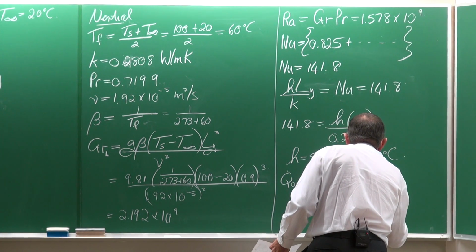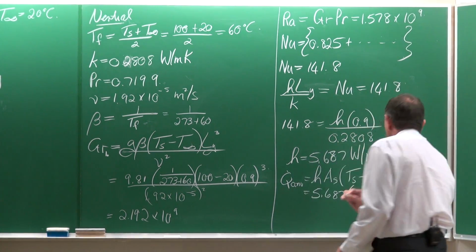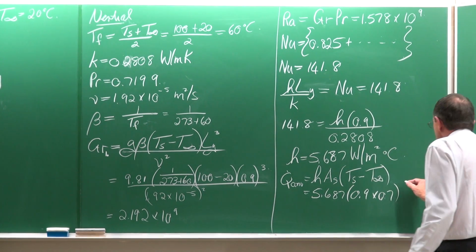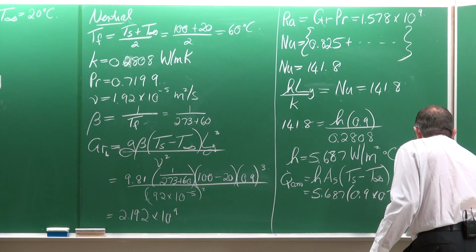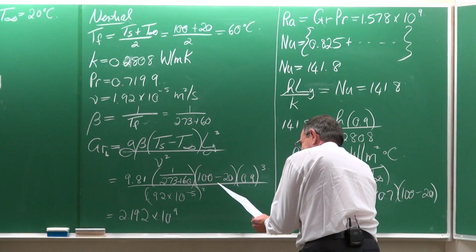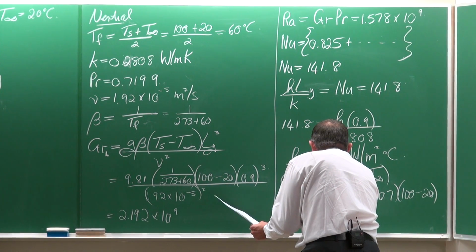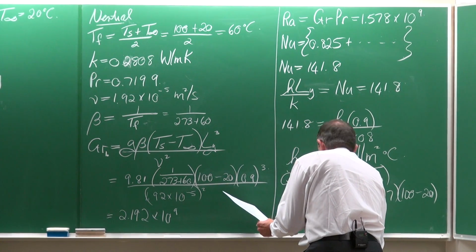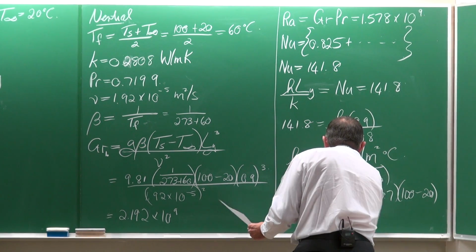The surface area is 0.9 multiplied by 0.7, and the temperature difference is 100 minus 20. That will give us a heat transfer rate of 286.6 watts.